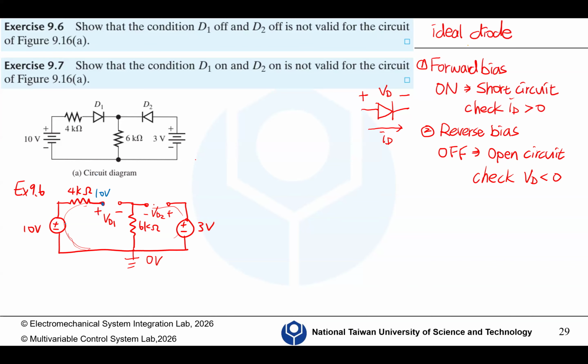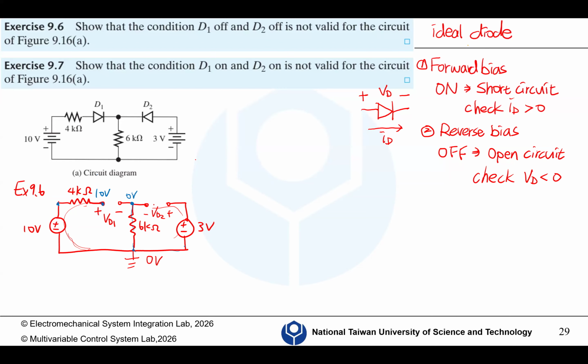Because there's no current, this 4K ohm resistor doesn't consume any voltage, so this is 10 volts. And here is also 0 volts because there's no current flowing through this 6K ohm resistor. It means no voltage is consumed.